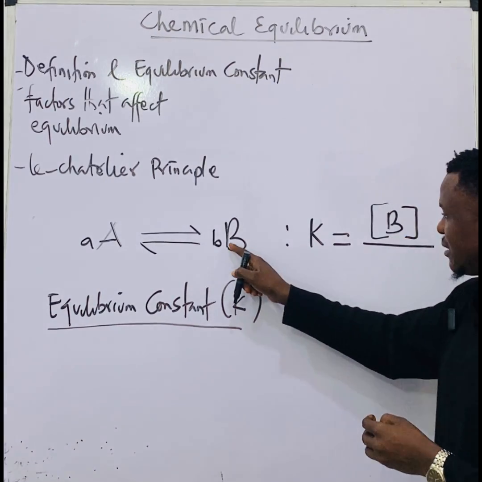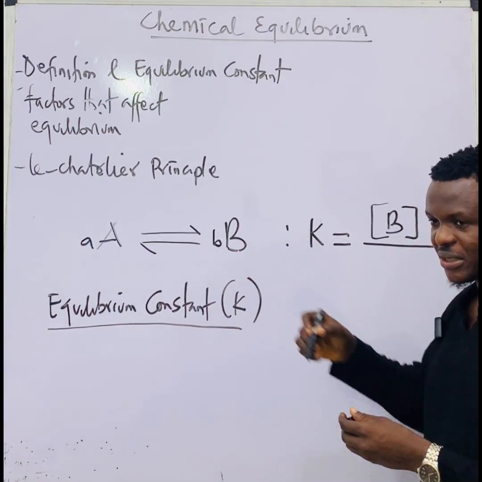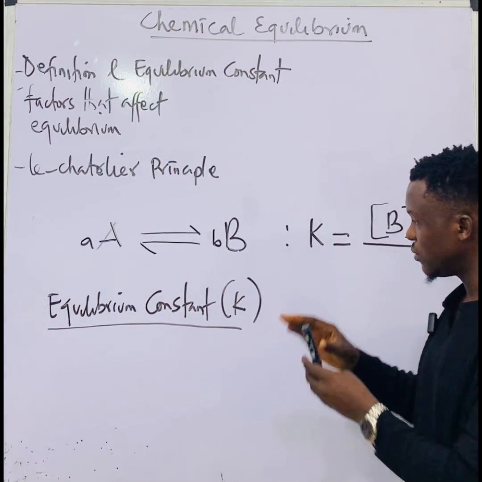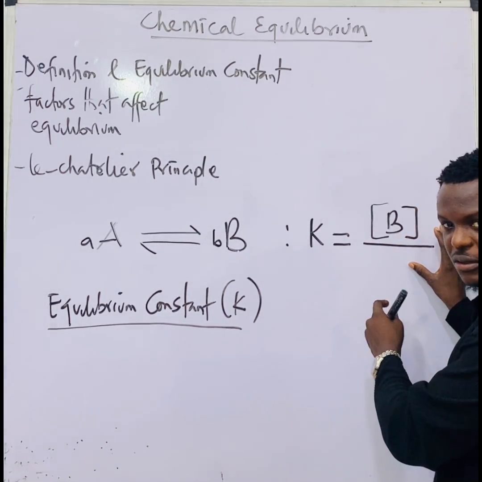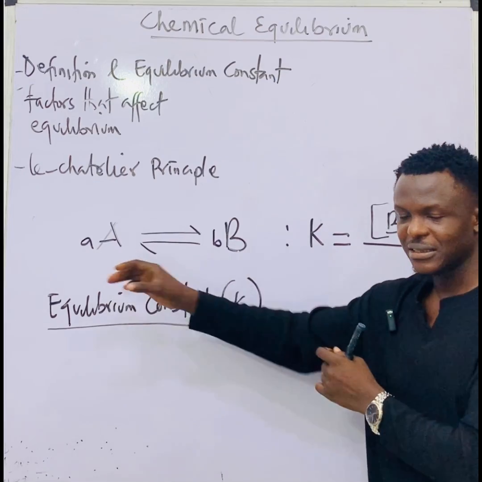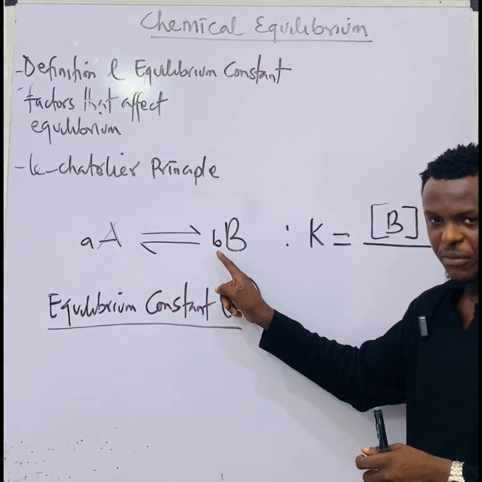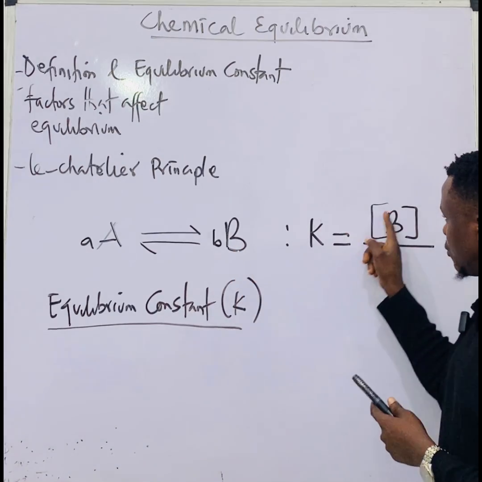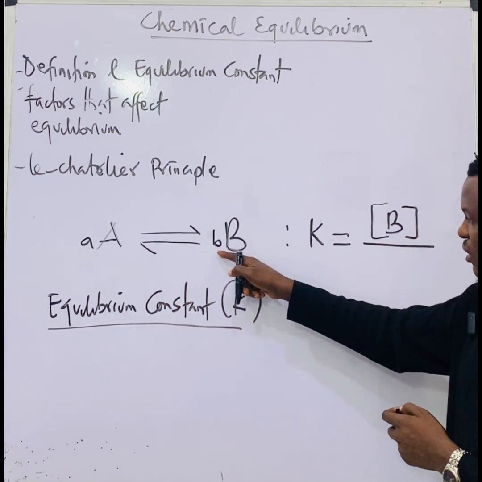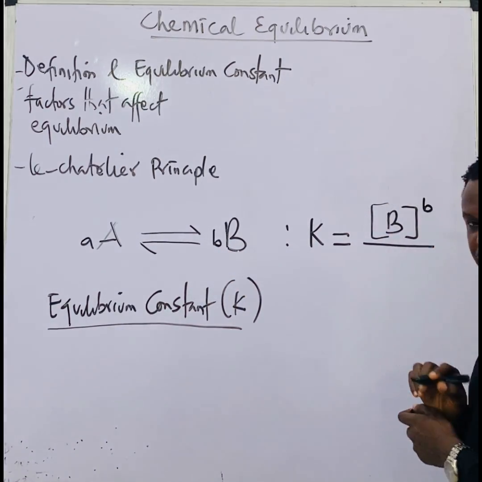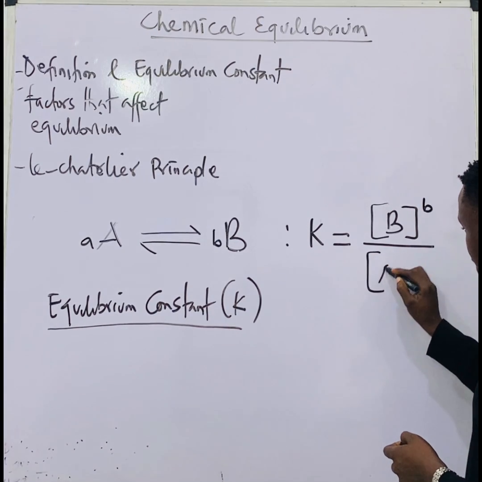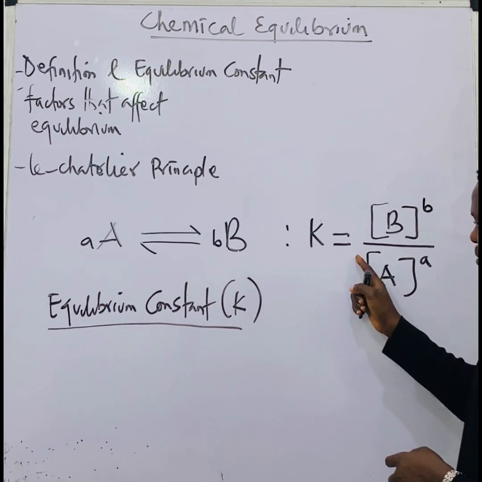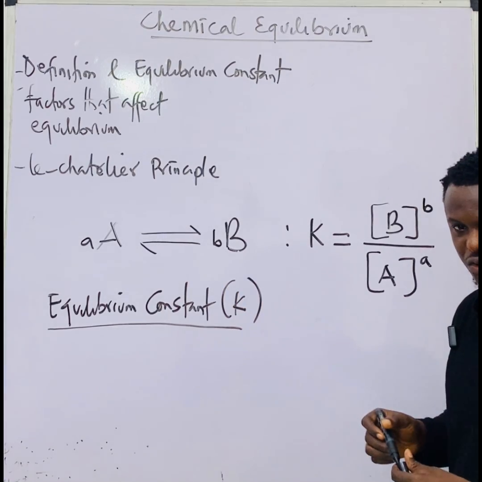Equilibrium constant is defined as the ratio of the concentration of the product to that of the reactant, each of them raised to their stoichiometric coefficient. The concentration of the product is B, so I put square brackets, and the coefficient of B is small letter b. The reactant is A, and the coefficient of A is small letter a. So this becomes the equilibrium constant for this reaction.